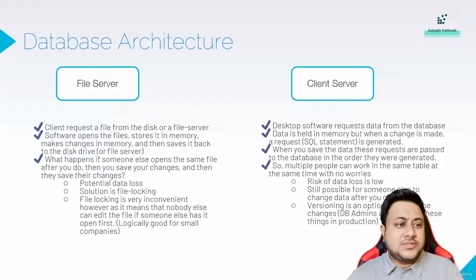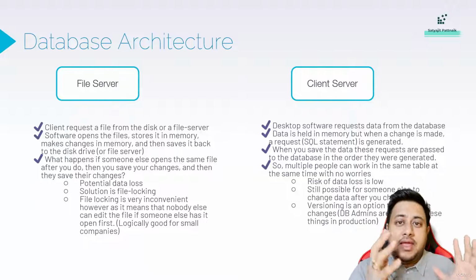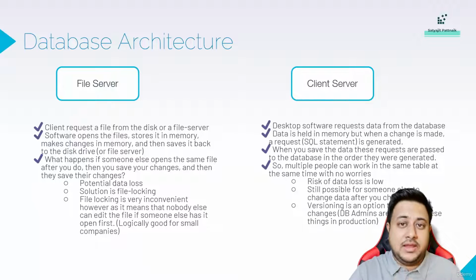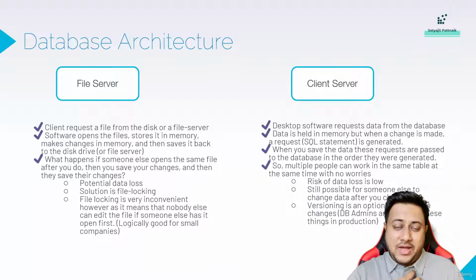What happens if someone else opens the same file after you do? Then you save your changes and then they save their changes. To make it easy, just imagine there are two users accessing one particular file at one particular time. Now, if I have opened something, I'm doing 5 lines of change.